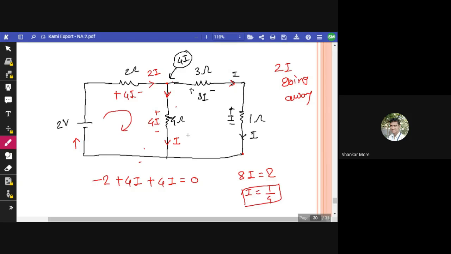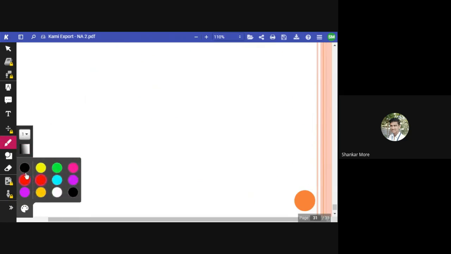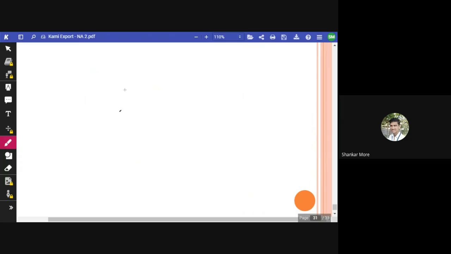Now what do we have to do? We have to keep this circuit like this only, but just change the position of this voltage source and this current. Okay, so I will draw the circuit again. This is 2 ohm resistance. Everything is same, I'm not changing anything. But only this will change.